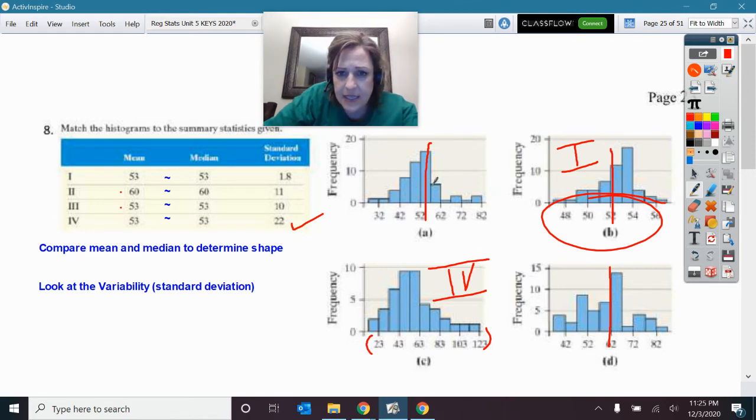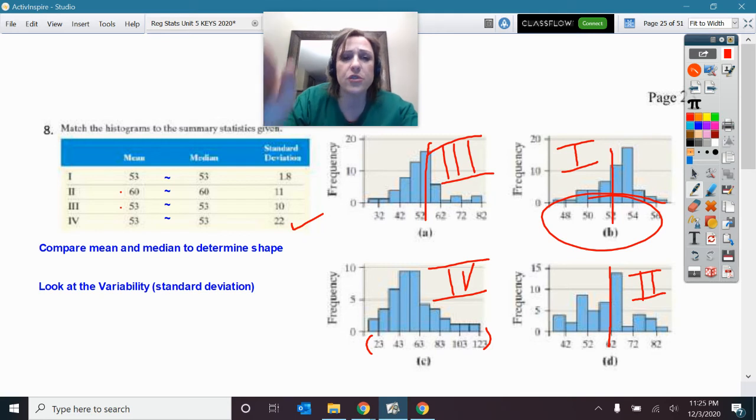In my mind, I think that this one here, D, seems to be centered at 3. So I guess I would go with 2 on this, although I'm not so sure this one doesn't have the bigger spread, but that's just so close. I guess I would say this one's centered more at the 53.